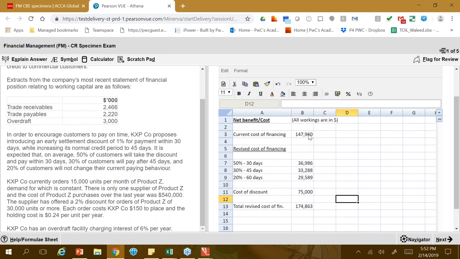Now, if your current financing cost is 147 and the revised cost of financing is coming out to be 174, would you like to go for the revised scenario? Would you like to go for the new proposal, or stick with your current structure of managing the receivables? What would you like to do here?